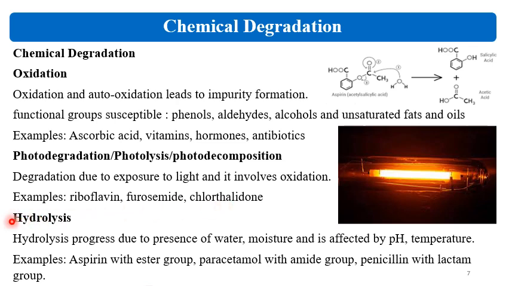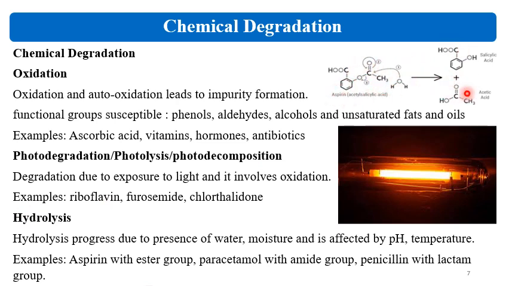The next chemical degradation is hydrolysis. The hydrolysis reaction happens due to the presence of water and moisture, and is affected by the pH and temperature. The example here I have shown is aspirin.